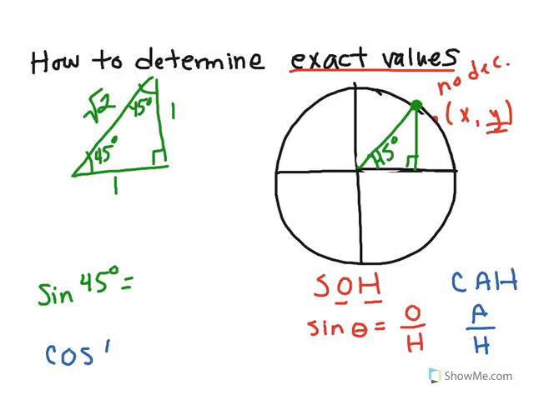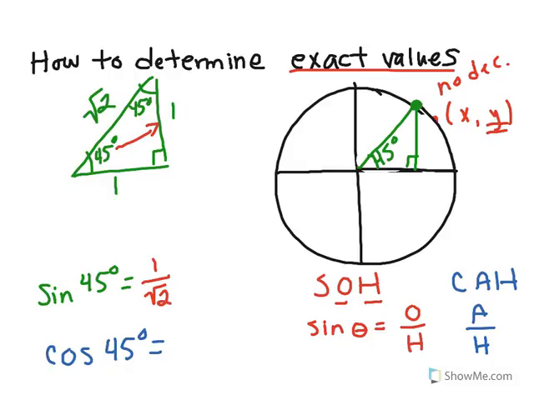Blue is not working. There we go. All right. In order to do the sine, that means opposite over hypotenuse. And it doesn't matter which 45-degree angle you choose because they're both the same. So I guess I will choose this one. The opposite side here would be 1. And the hypotenuse is the square root of 2.